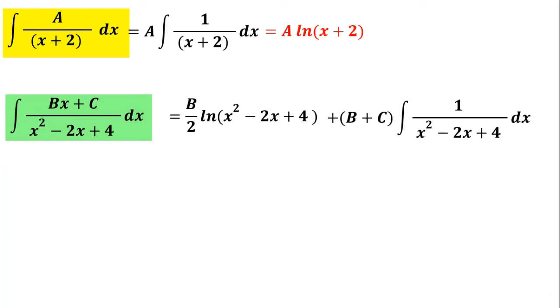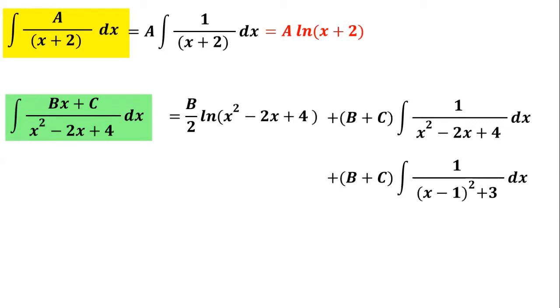Now let's go to the second integral and see how to solve it. In part 2, we discussed this integral in more detail, and we said that we should put the denominator in the form of a sum or difference of two squares. So first of all, we are going to make a perfect square for the denominator, and we also took in the previous videos how to make a perfect square.